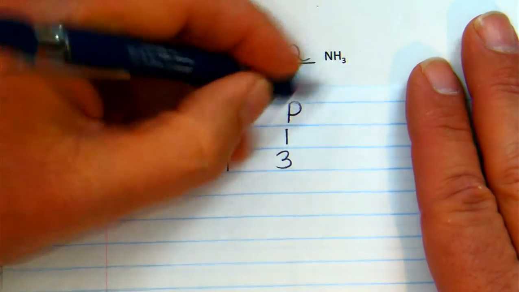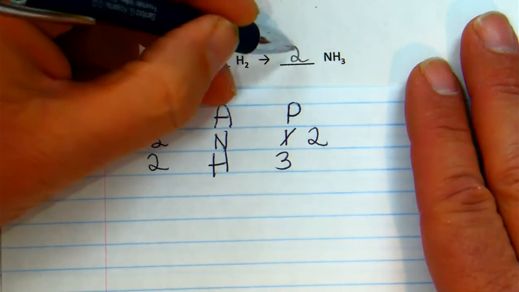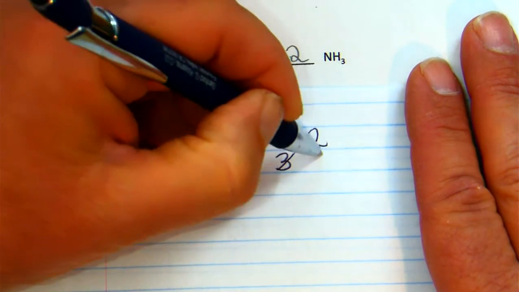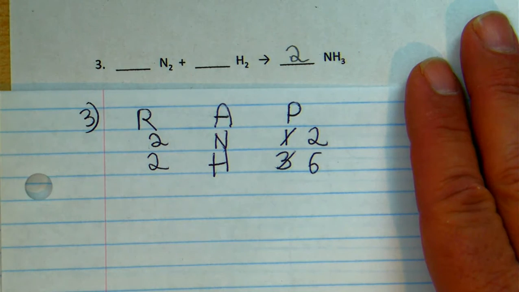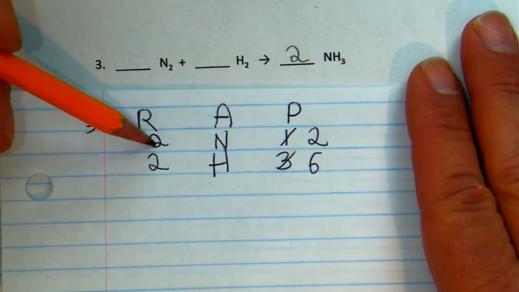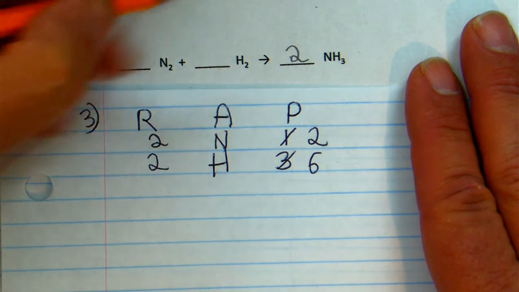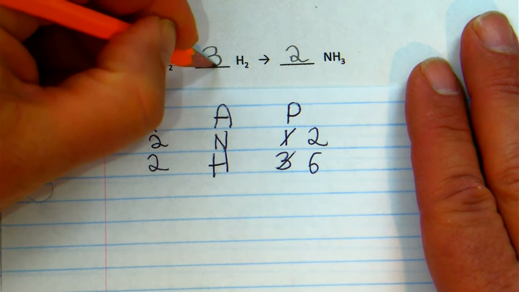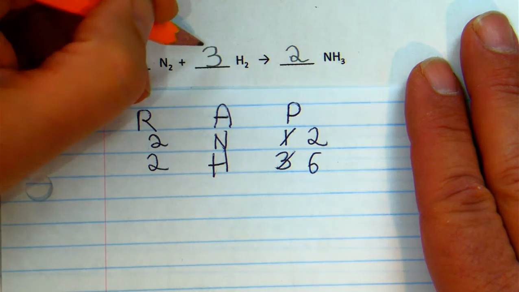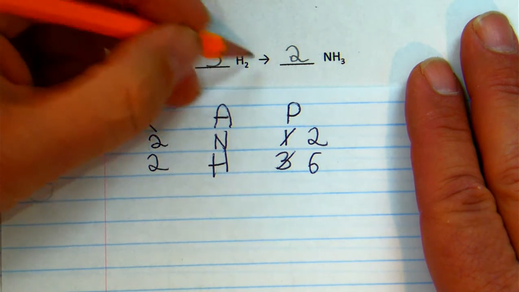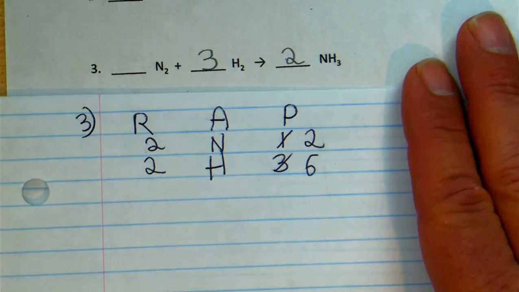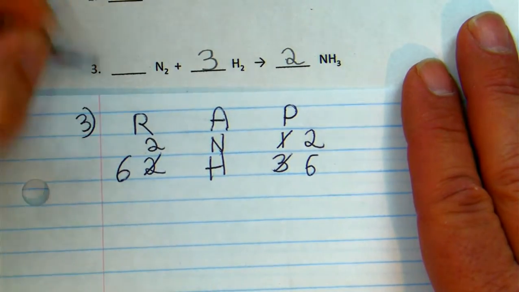That means I now have 2 nitrogens on the right, and 2 times 3 is 6 hydrogens on the right. To fix that, I need to triple the number of hydrogens on the left. So I'm going to bump the coefficient in front of the H2 up to a 3 from a 1. That means I now have 6 hydrogens on the left.